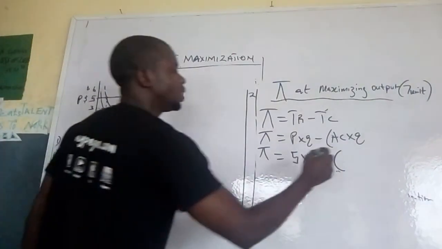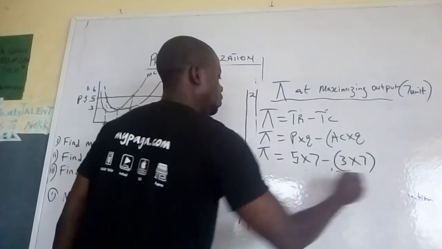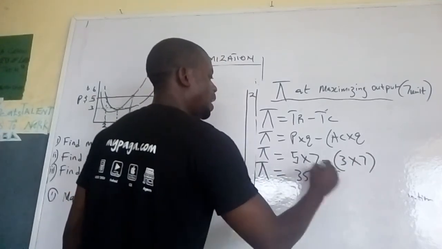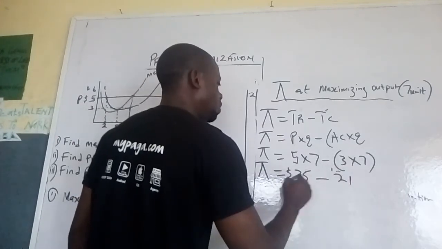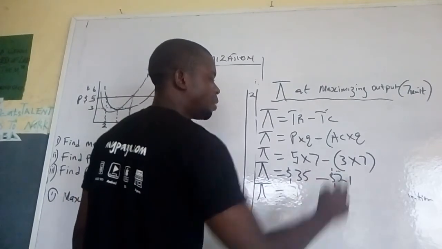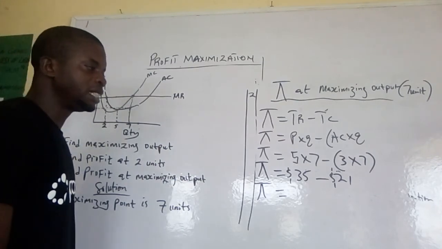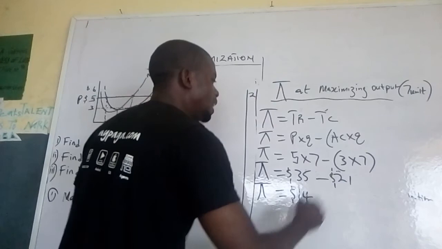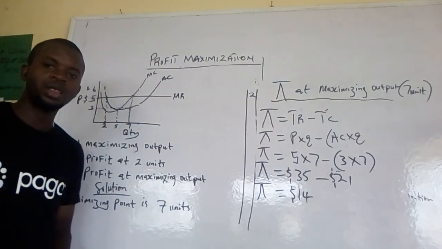So our average cost is $3 times quantity 7. So our profit is 5 times 7, $35, minus 3 times 7, $21. Profit equals $35 minus $21, which gives us $14. So $14 is our maximizing profit at this level. Thank you very much.